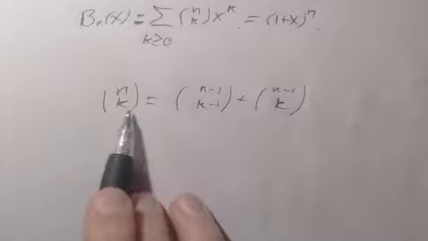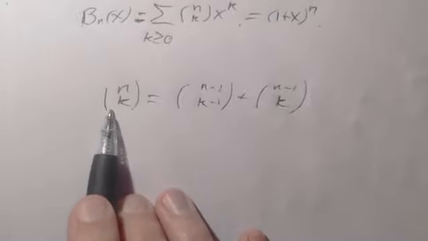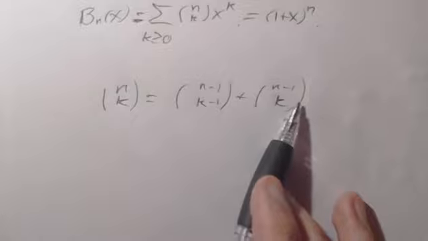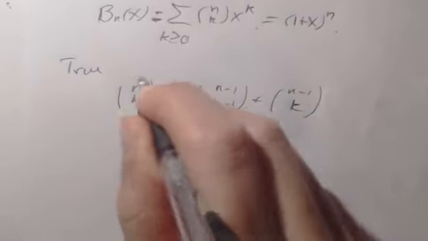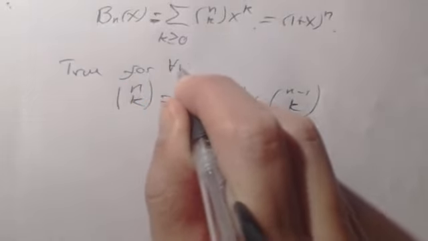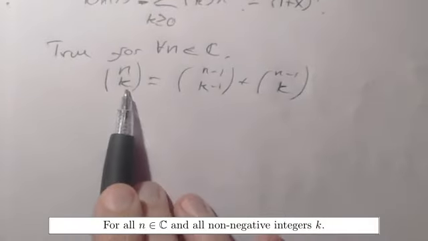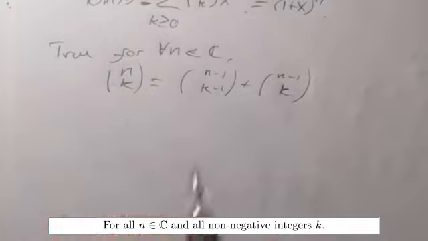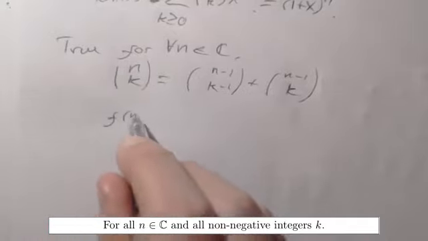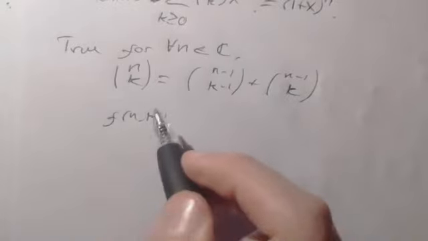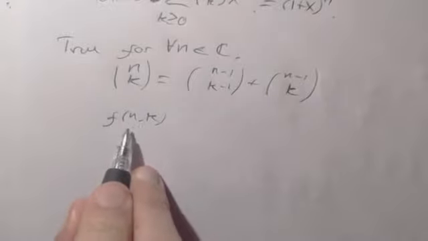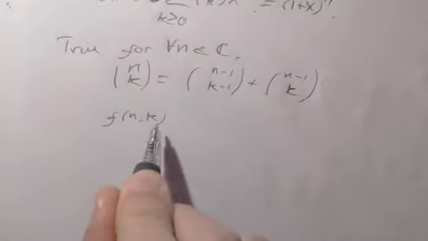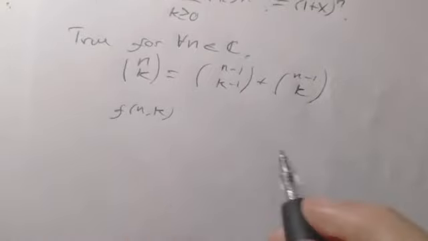So first thing I want to do is prove that this holds for all n complex numbers. We started with n choose k being, well, we were calling it, I think, f(n, k). We started with that being the number of ways to choose k objects from n objects.